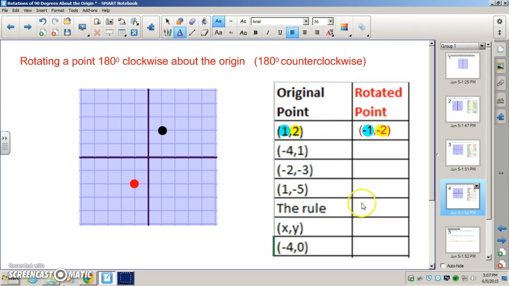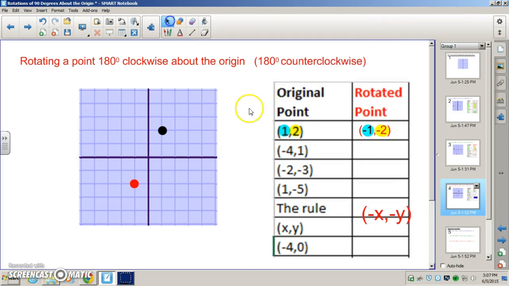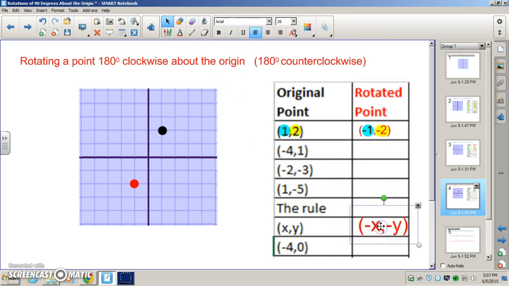So if you were to make a prediction, I would assume the order stayed the same, but both signs switched. So the XY would stay XY, but both become negative. So if I wanted to do -4, 1 and make a prediction using my predicted rule, the -4 would change to a +4 and the +1 would change to a -1.